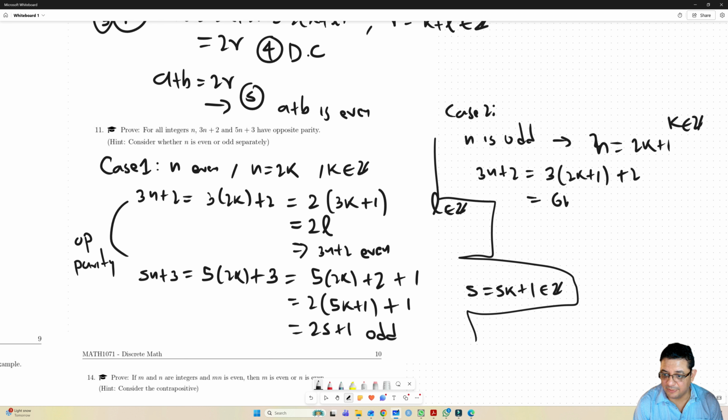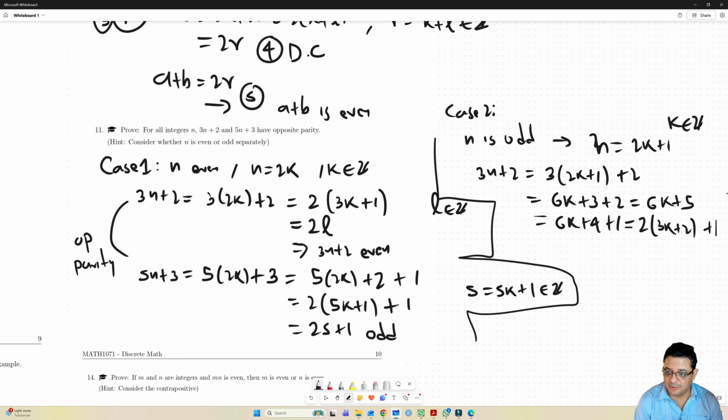And this will be 6k plus 3 plus 2. So this will be 6k plus 5. Or I can just simply see this as 6k plus 4 plus 1. And so factor a 2 here, we get 2 times 3k plus 2, plus 1. And notice that because k is an integer, 3k plus 2 is going to be an integer. And I can call this 2m plus 1. And so this is going to be an odd number.